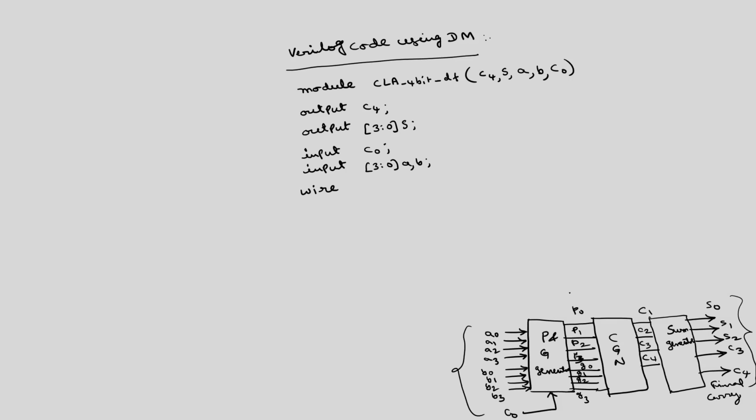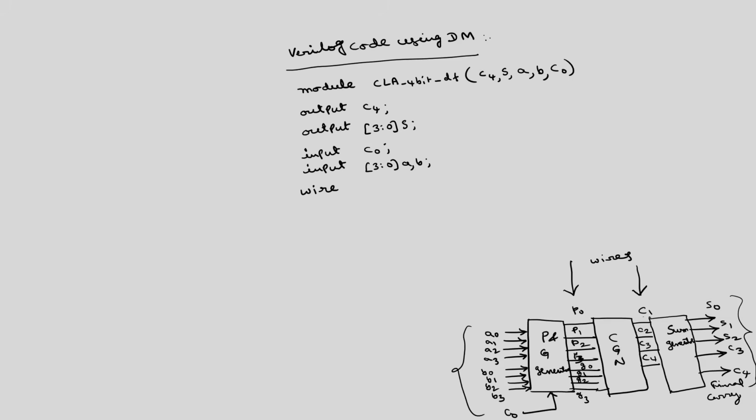In between we are using some variables, and we have to define these as wires, as you have discussed in the earlier classes also. These are not accessible, so we have to define these as wires. So, how many wires are required in total? We require 4 for P's, 4 for G's, 4 for carries. Okay.